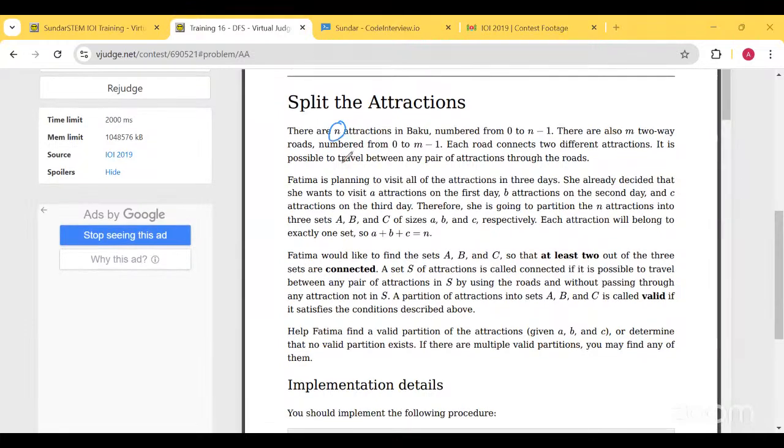Given n nodes and m undirected edges. So this is an undirected graph. Given an undirected graph with n nodes and m edges.